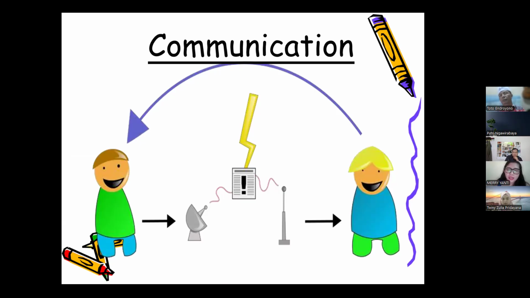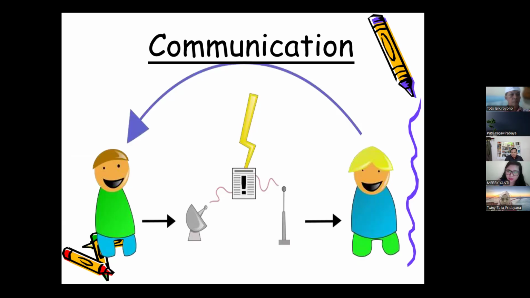The sender creates and sends a message, and the message travels through a channel. The channel can be a microphone or anything like a newspaper, and the receiver gets and understands the message. The last one is feedback, which goes back to the sender. So this picture is a simple way to show how people share information with each other.